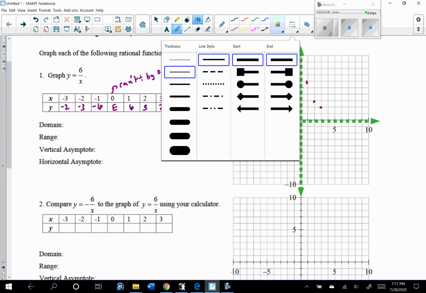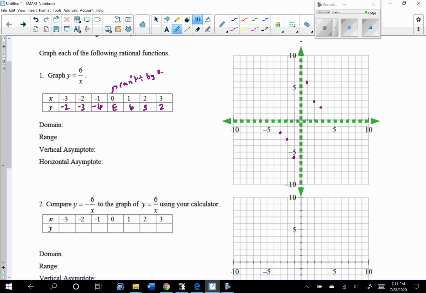So this is the vertical asymptote. I'm going to abbreviate VA, so vertical asymptote at x equals 0. And this is a horizontal asymptote, HA, at y equals 0.